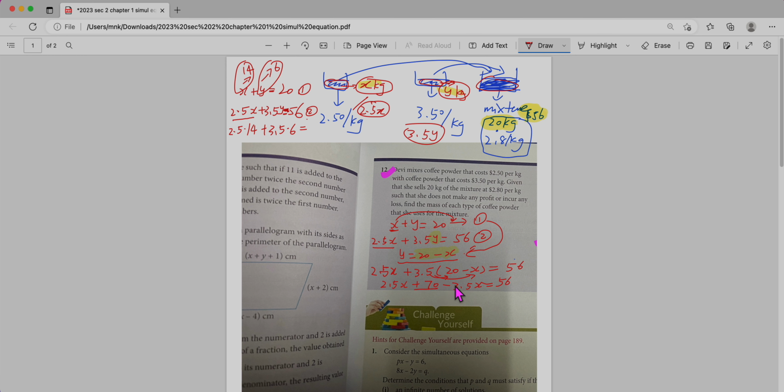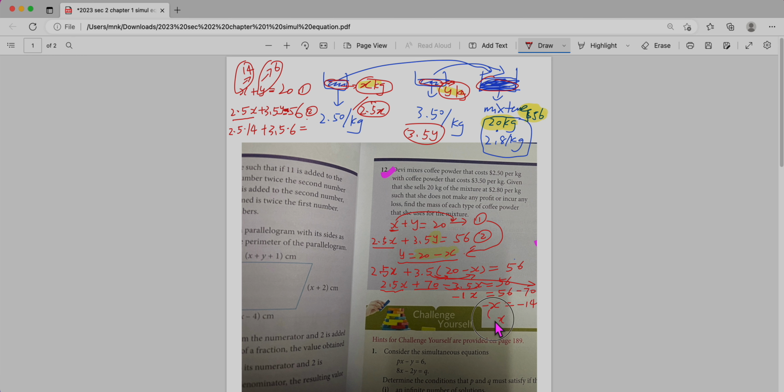Then I move the plus 70 to the other side because numbers go on one side, x terms on the other. This 2.5x minus 3.5x is minus 1x. You can use the calculator, 2.5 minus 3.5 is minus 1. And then 56 minus 70, because I moved the plus 70 over, is negative 14.